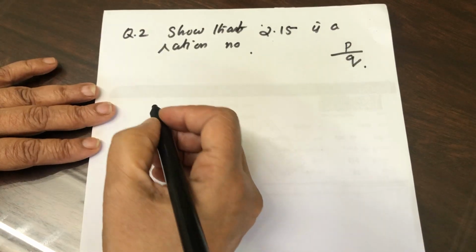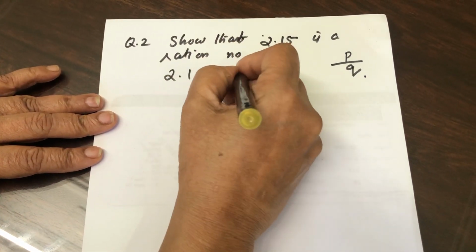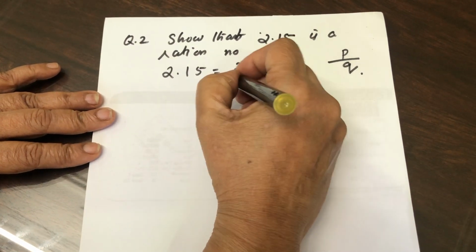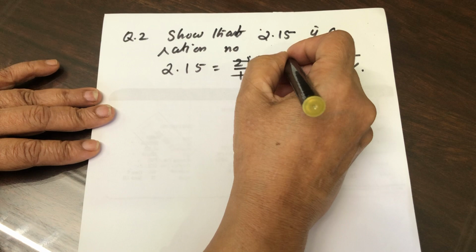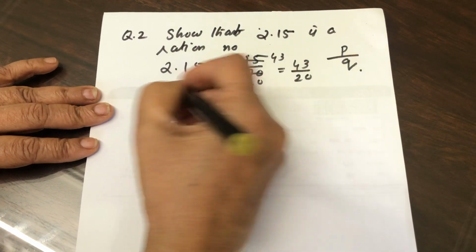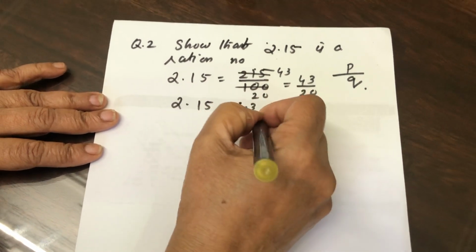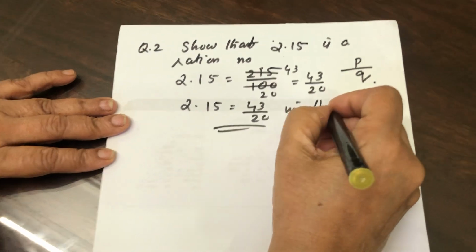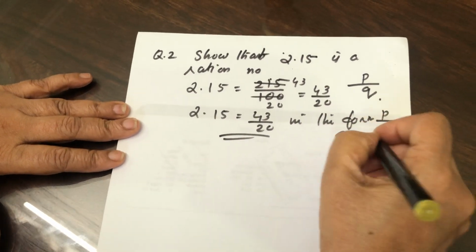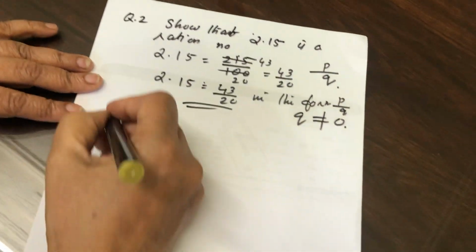It is easy. 2.15 you can write as 215 by 100. So cancel it: 5 fours are 20, 5 forty-threes are 215. It is 43 by 20. So 2.15 is 43 by 20. So this is in the form of p by q, where q is not equal to 0. So this is a rational number.